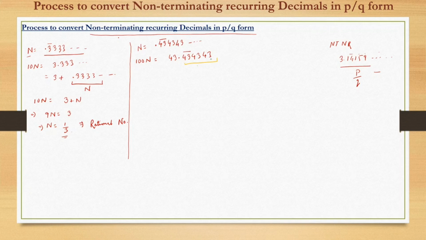So this is 43 plus n, so 99n is equal to 43. It means n is equal to 43 by 99, right? This way we have been able to convert this into p by q form, where p and q both are integers and q not equal to 0, thereby this is a rational number.